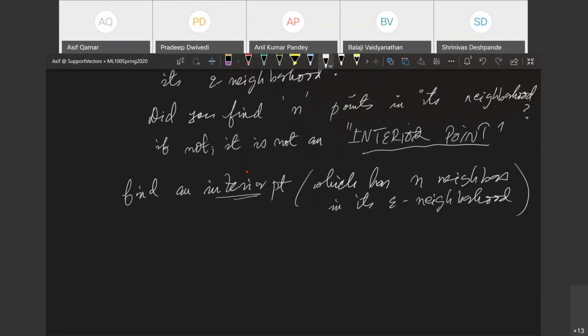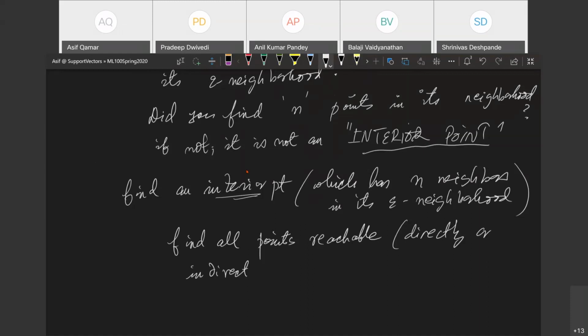Now, what you do is, from the interior point, reach out to every point that you can reach, directly or indirectly. Find an interior point, find all points reachable, directly or indirectly, from interior point X. Are we together?